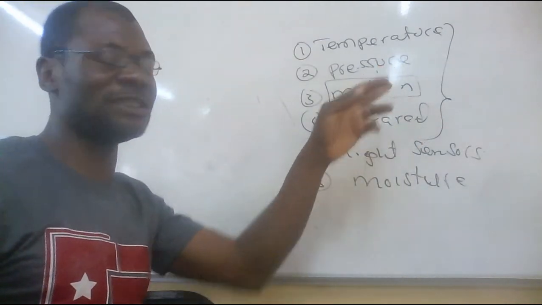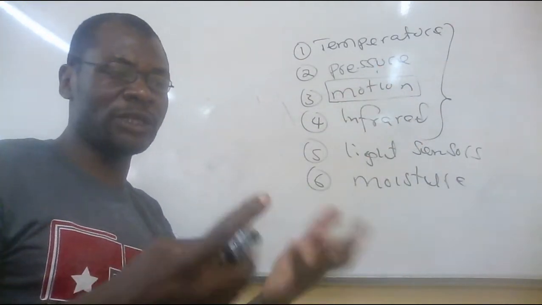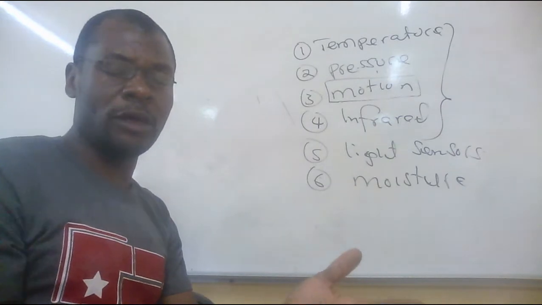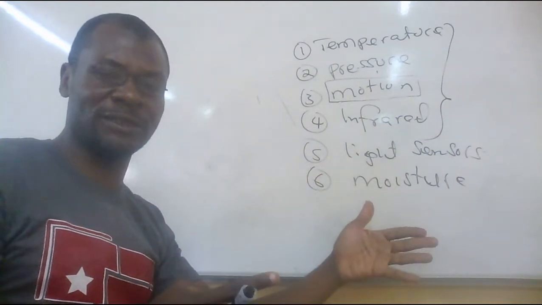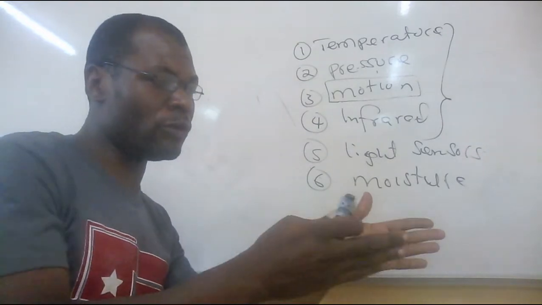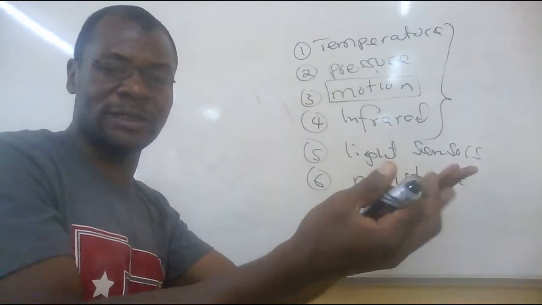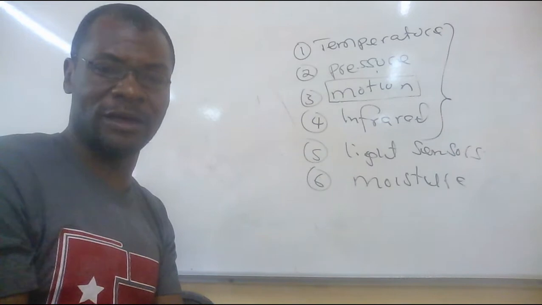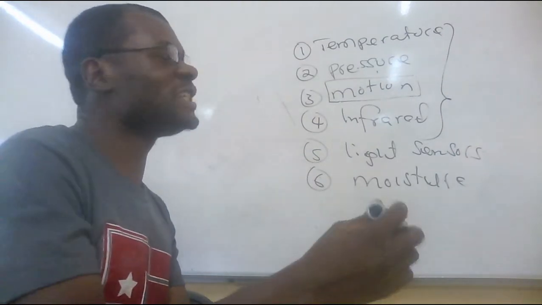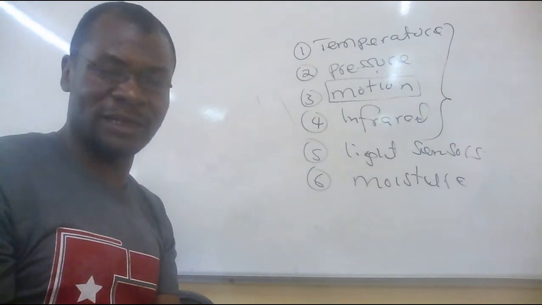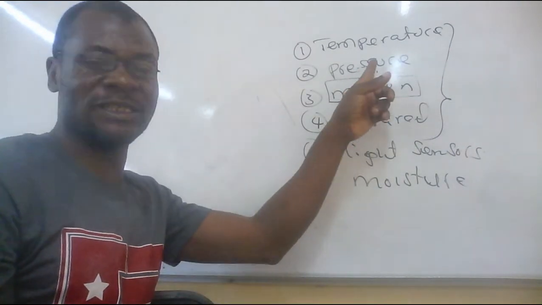Then the pressure sensor, which takes the weight of an object. Like when you go to Kapiri, there is somewhere a weighbridge, where the bus will go and stand to take the weight of the bus. And it would say maybe the bus is 700 kg. What is taking that? It's the pressure sensor.